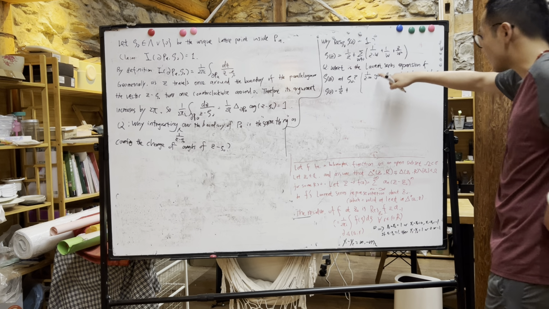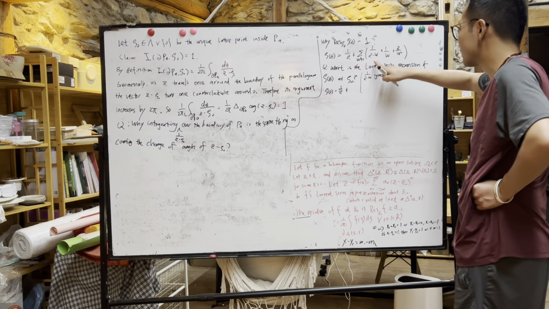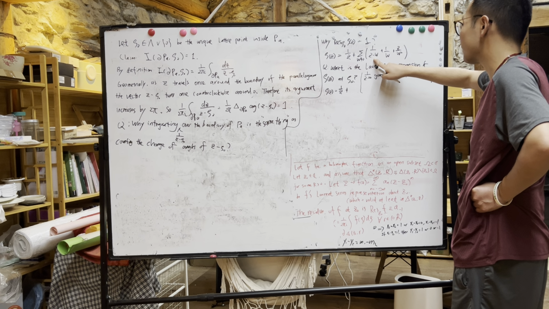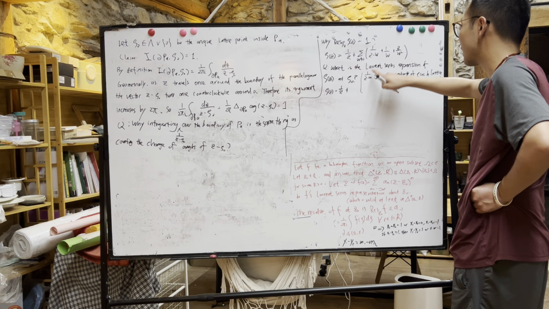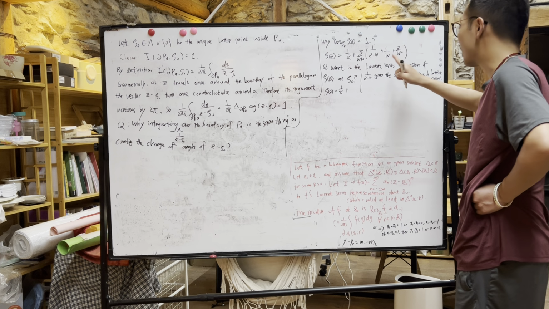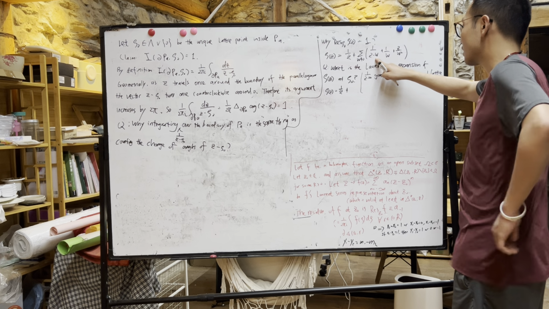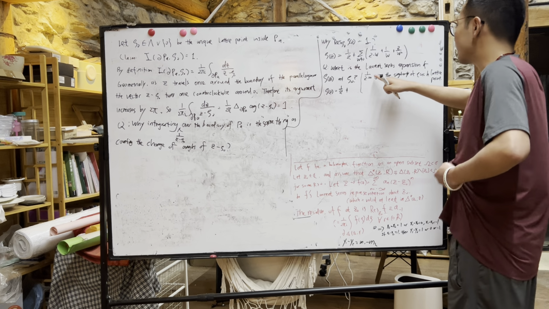And because for each lattice point there is only one part from this infinite sum that corresponds to the singularity, and all the other parts of the sum do not contribute to the singularity, right?